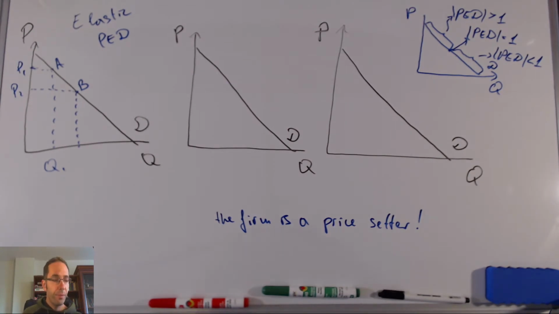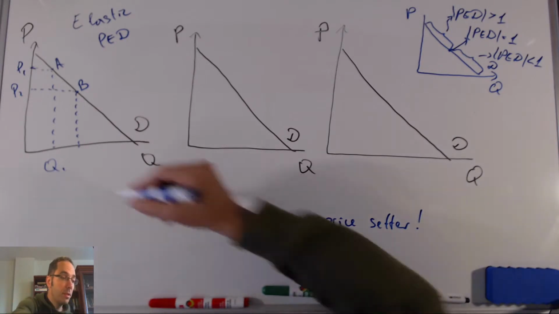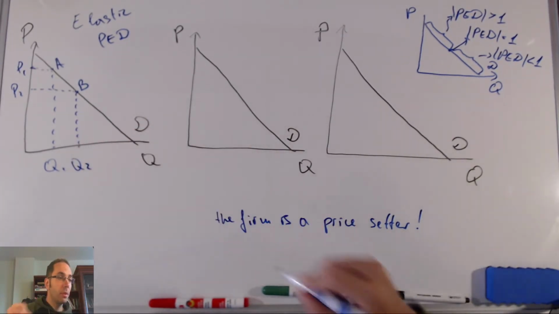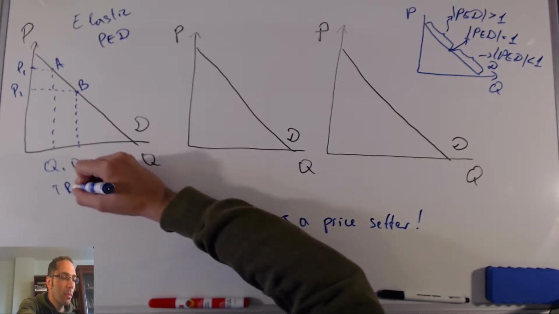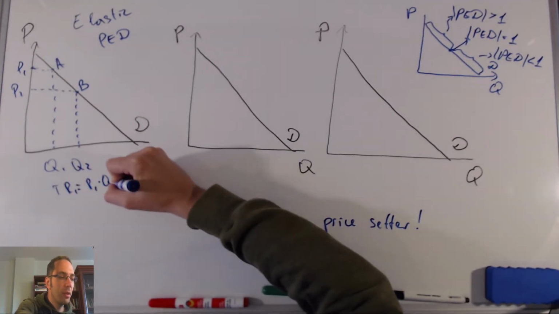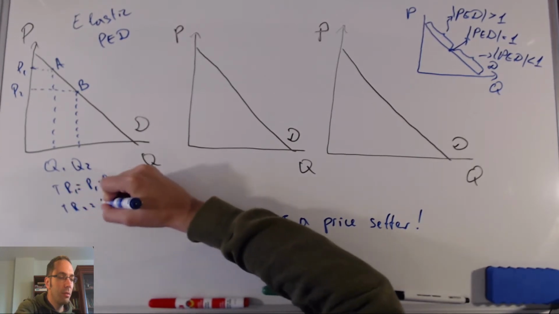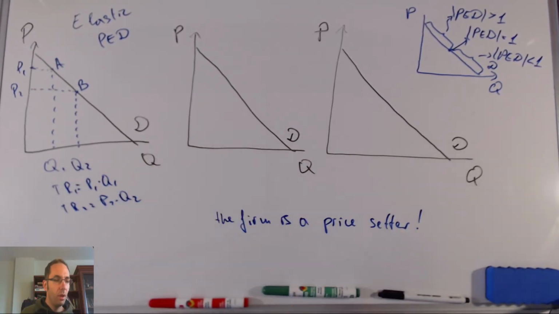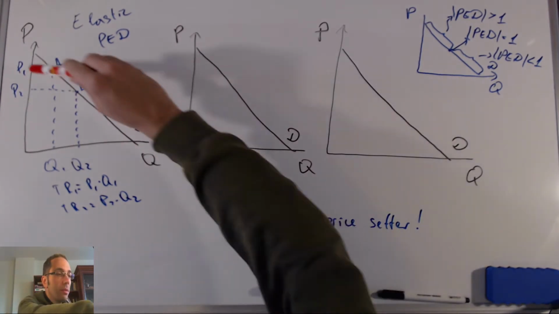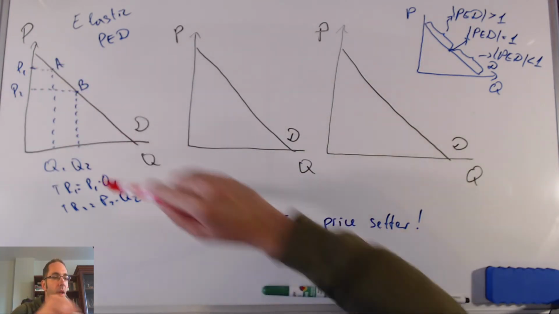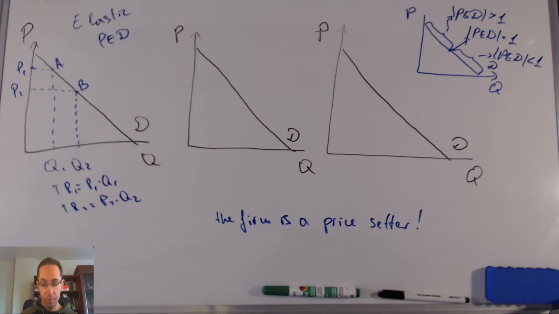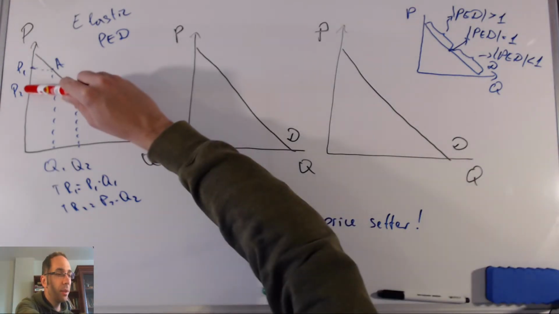And now let's examine the changes of the two revenue boxes. I'm missing Q2. So total revenue 1 is equal to P1 times Q1. Total revenue 2 is equal to P2 times Q2. So effectively, we are talking about this first box and the second box. And we have one common area between them, being this one.